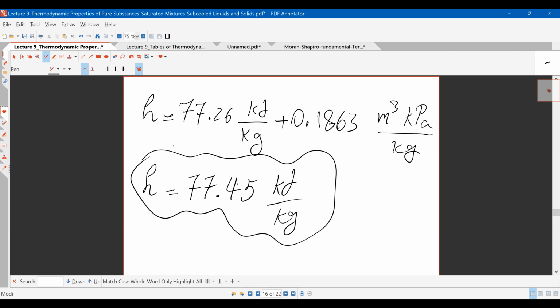Okay, it's some 0.2% change in the estimate of the H. So for most of the calculations, this amount of accuracy is unnecessary, and we can just neglect that correcting term. All right, this is how we estimate the properties of subcooled liquid using the saturation table at the same temperature.